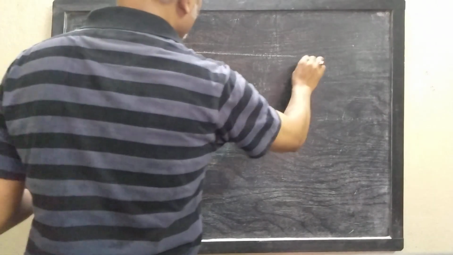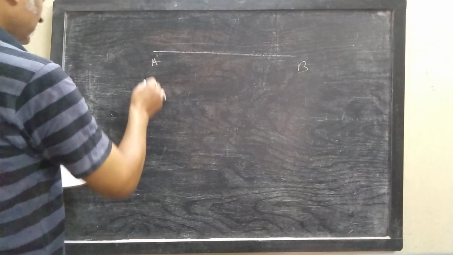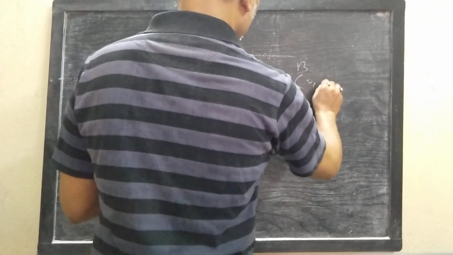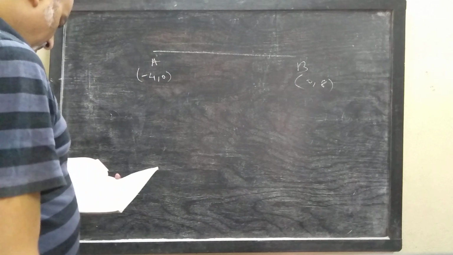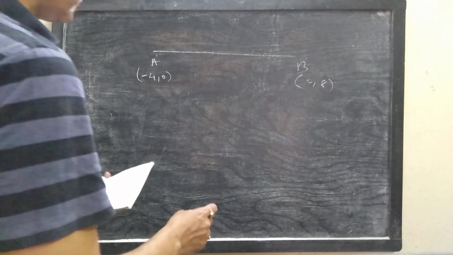Here is the point A, here is the point B. Their coordinates are A(-4, 0) and B(0, 8). You are asked to find the coordinates of the points which divide this line segment AB into 4 equal parts.